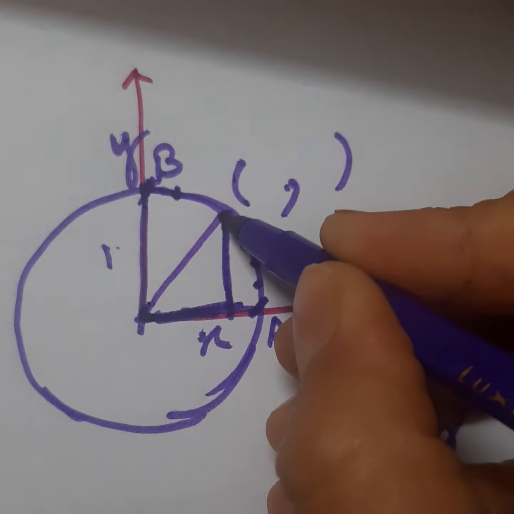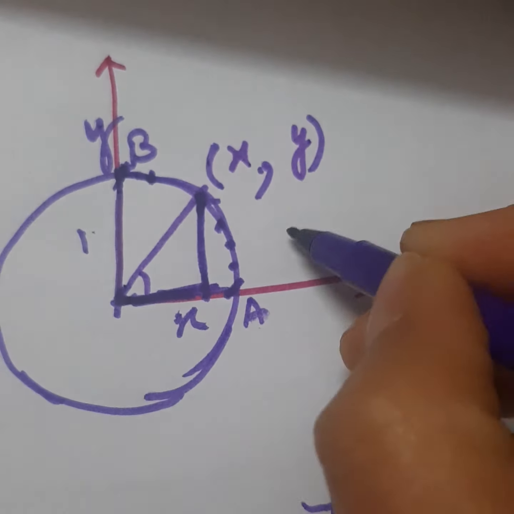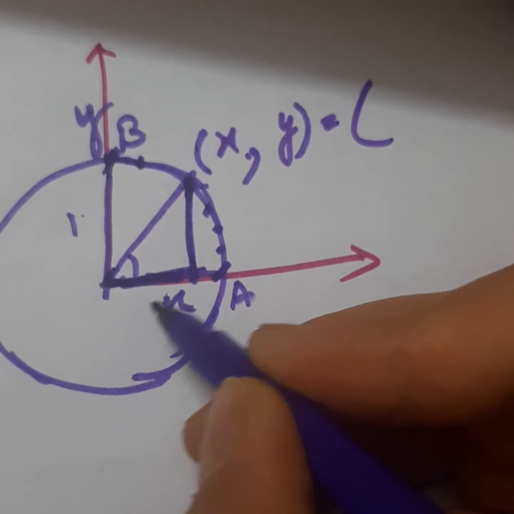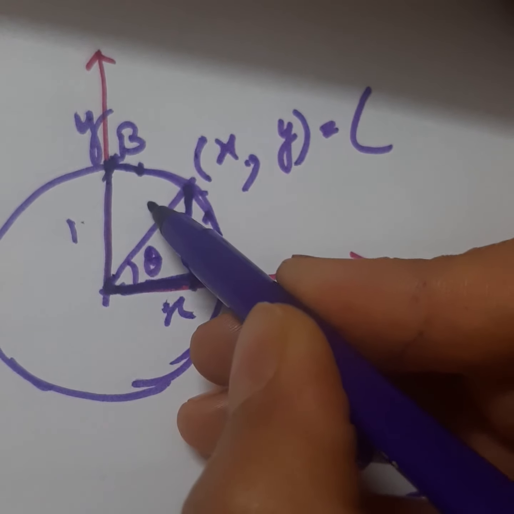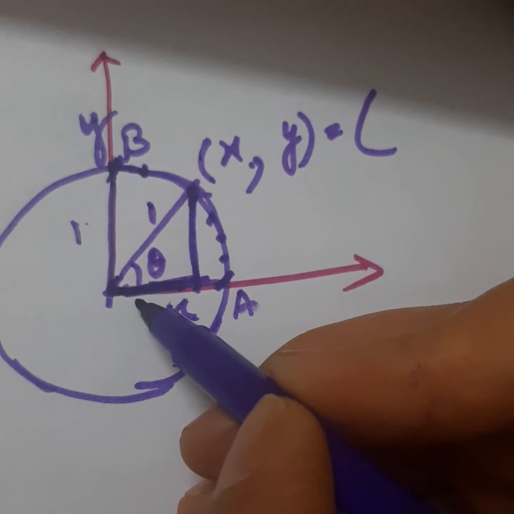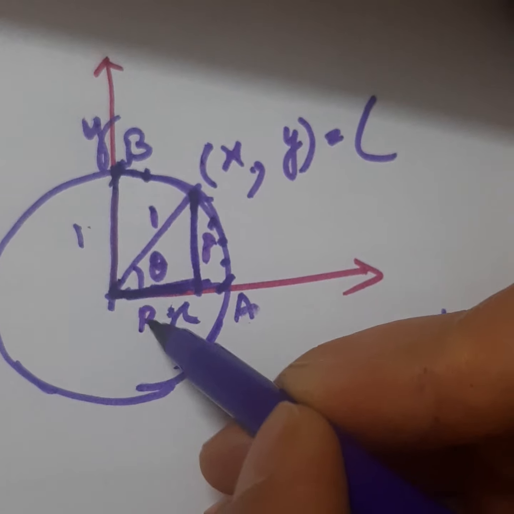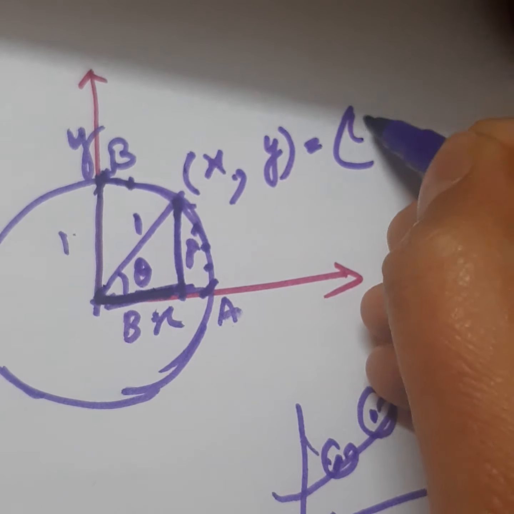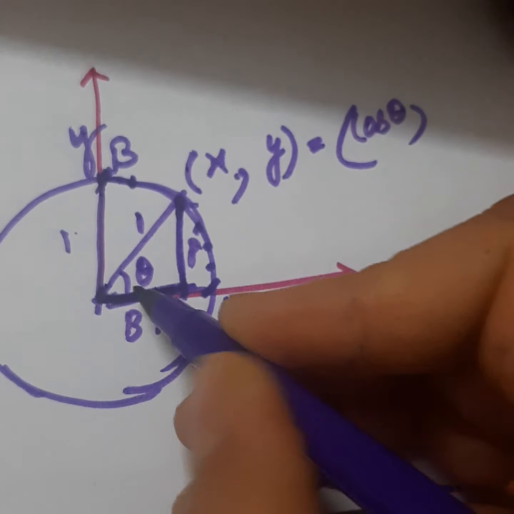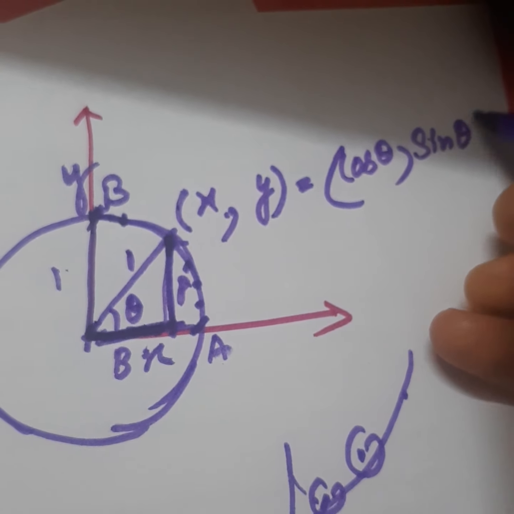Because we are writing this in terms of theta, we can write it x comma y. But what is the x value here? Because this is 1, and this is P and this is B, so x coordinate is actually cos theta, and y coordinate is actually sine theta.